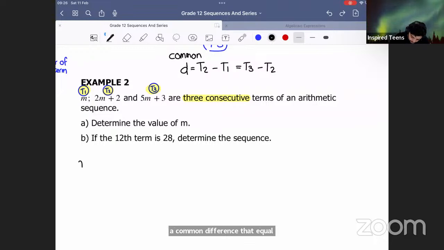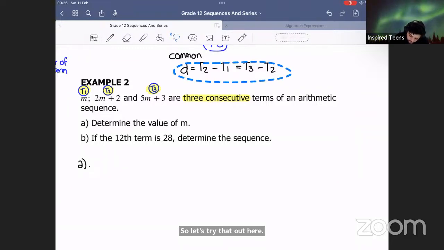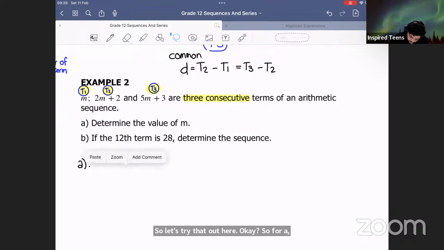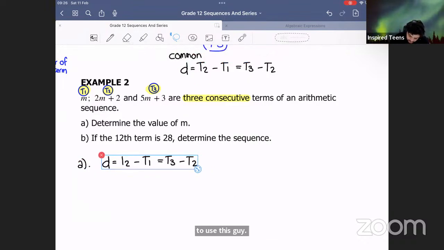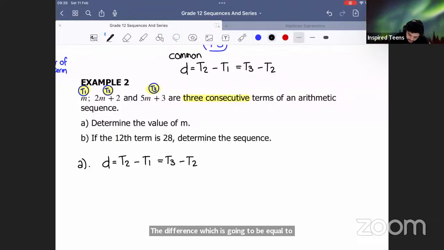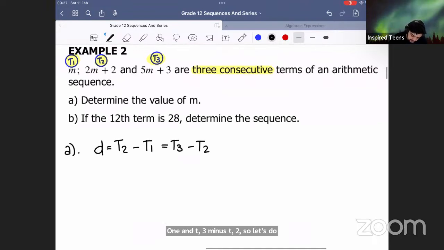Okay, so for A, we're going to use this guy. The difference, which is going to be equal to T2 minus T1 and T3 minus T2. So let's do that. Okay, remember there's variables and there's a negative, so I'm going to be using brackets.